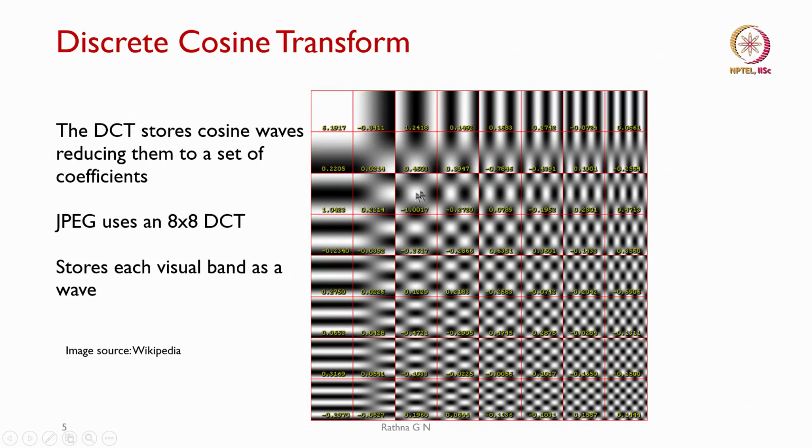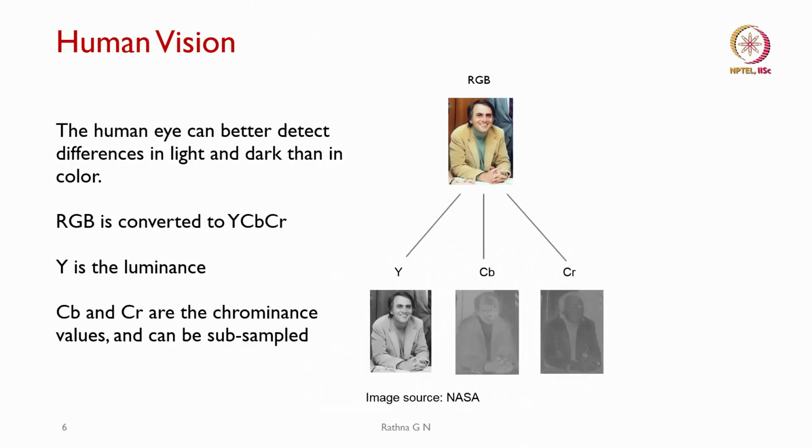We will have 8 by 8 basis functions to find our coefficients. The visual band is shown here as a wave. This is from the Wikipedia source, where you can go for more detail.